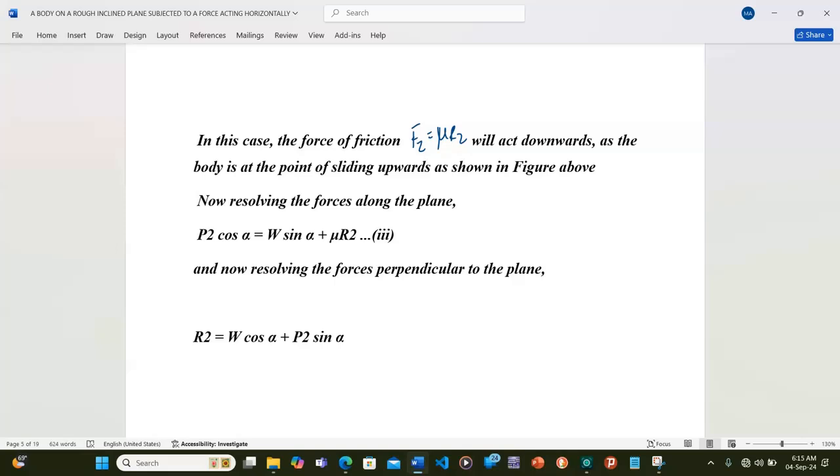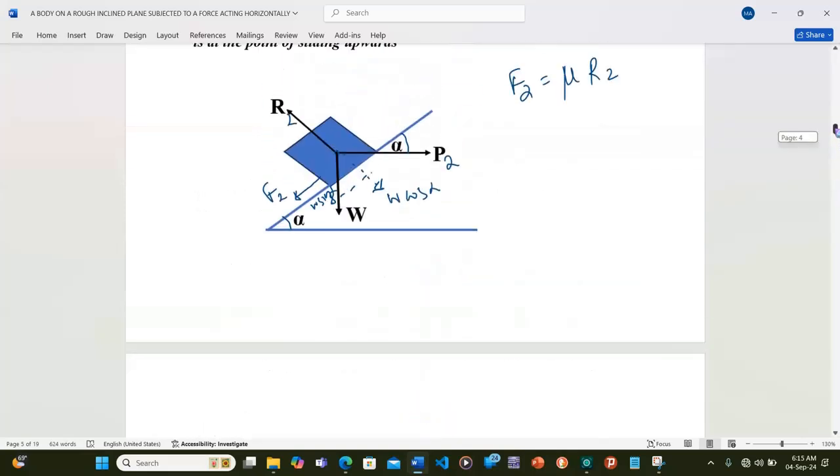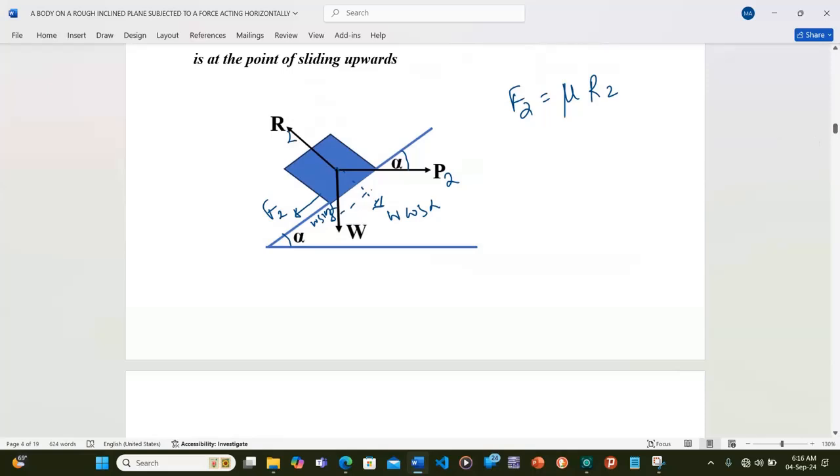So resolving forces along the plane, we will have P2 cos alpha, since the force goes through an angle alpha, which will equal the other forces, F2 plus W sine alpha.